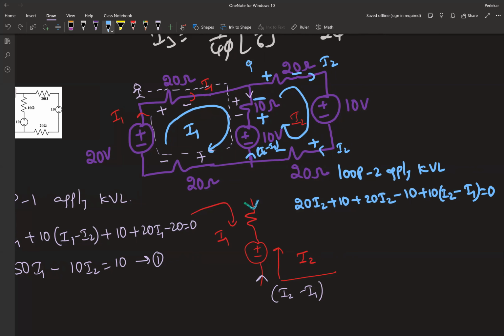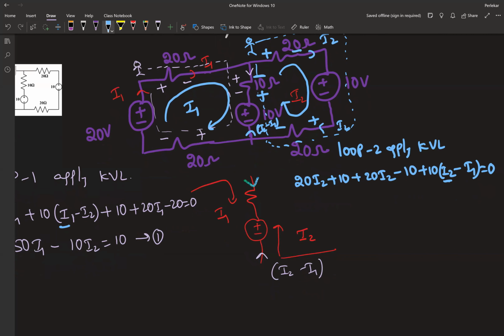I'm starting from here and walking through the loop, through each element only once, and coming back to the same node without touching any node more than once. So 20 I2 plus 10, since I'm entering the positive terminal, plus 20 I2 minus 10, since I'm entering the negative terminal, plus 10 (I2 minus I1). In loop 2 it is I2 minus, and in loop 1 it is I1 minus. As long as you understand that part, I think we are good.